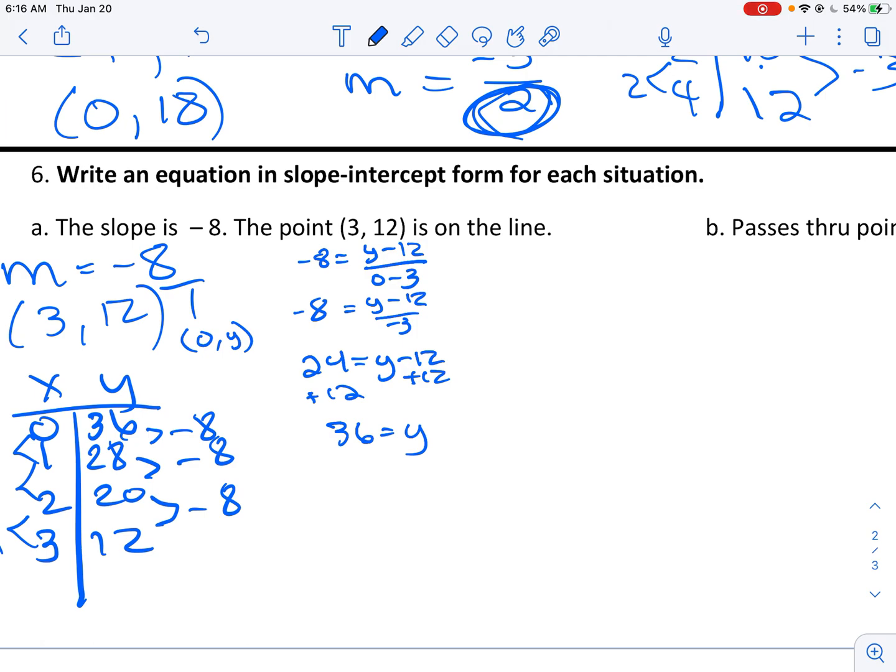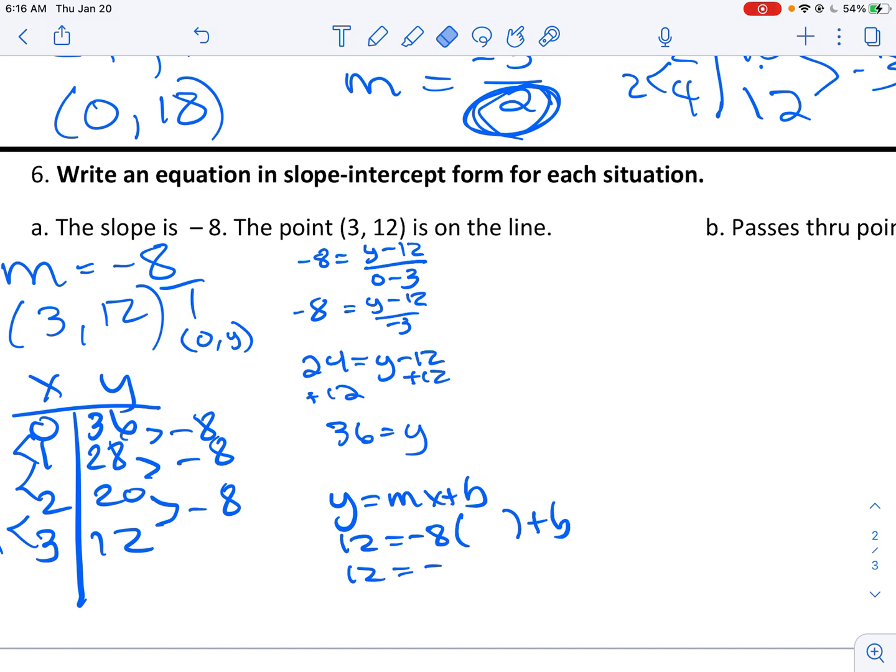Same thing. Or we can use the third way, which is y equals mx plus b. Replace the y with the 12, the m with negative 8, and the x with 12 plus b. So 12 equals negative 96. How about I plug that in totally wrong, you guys?